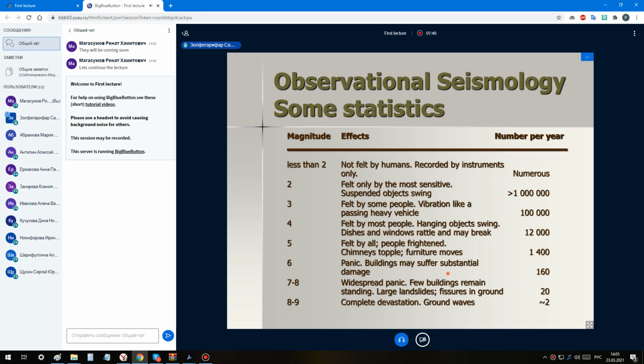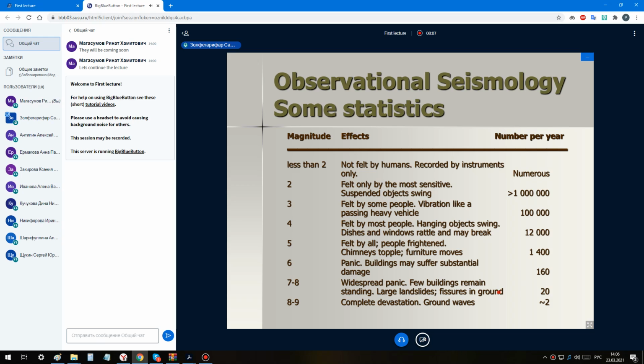For example, for magnitudes less than 2, not felt by humans, recorded by instruments only, the lower the magnitude, the greater the number per year that can occur.